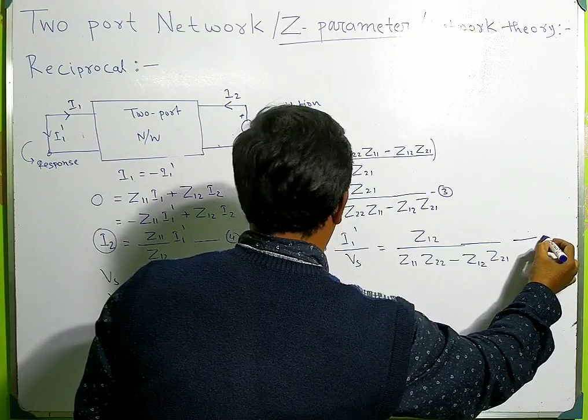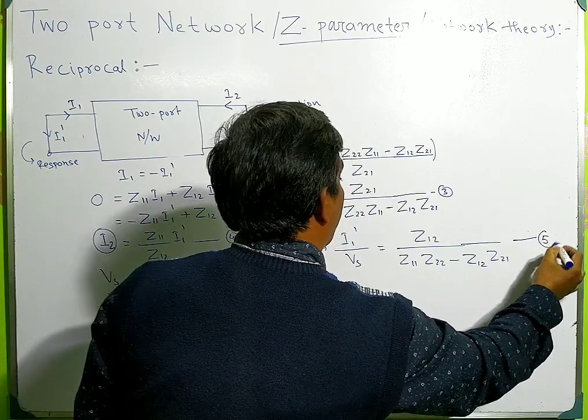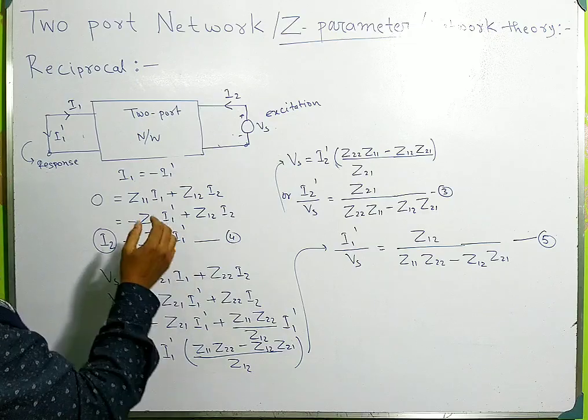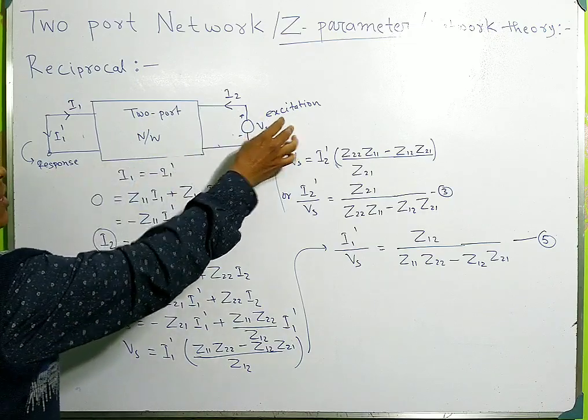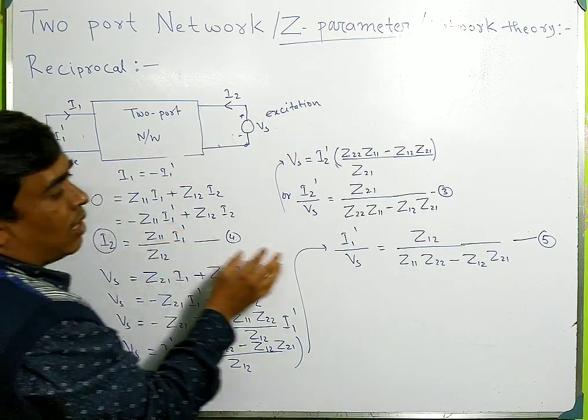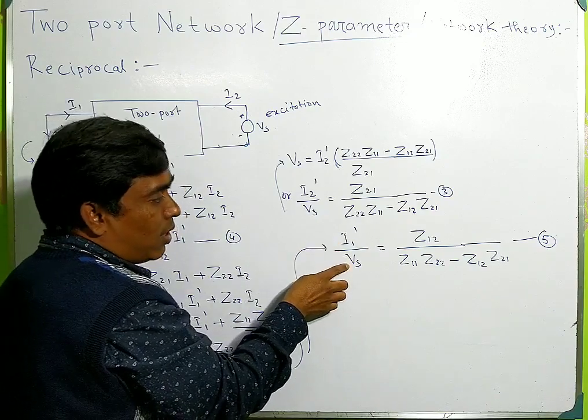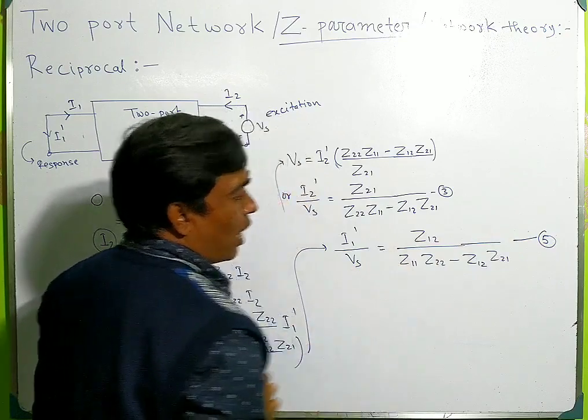This is equation 5. If I interchange the position of excitation and response, then the ratio of response to excitation is given by equation 5.